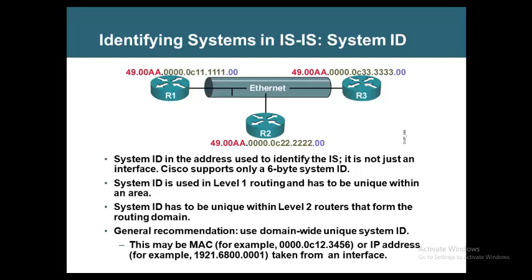Okay. Now, this is how you can use, even yesterday I was telling you when I was doing lab, it should be 6 byte. So you can use MAC address in this place. MAC address is also 6 byte, right? 48 bit, 6 byte. Or you can take one IP address, 192.168.1.